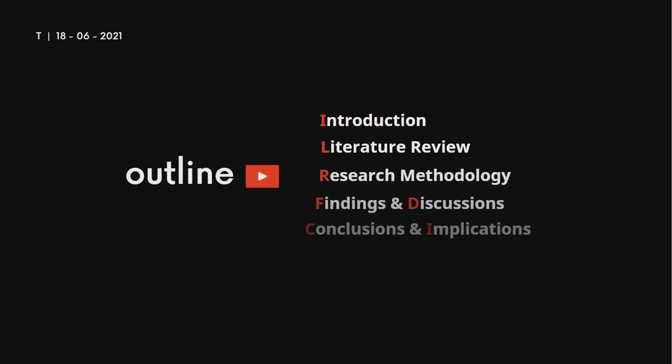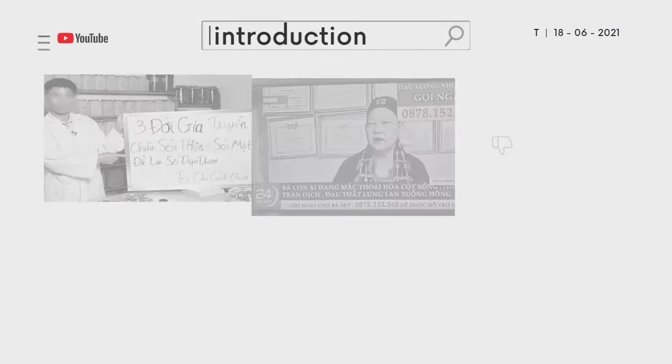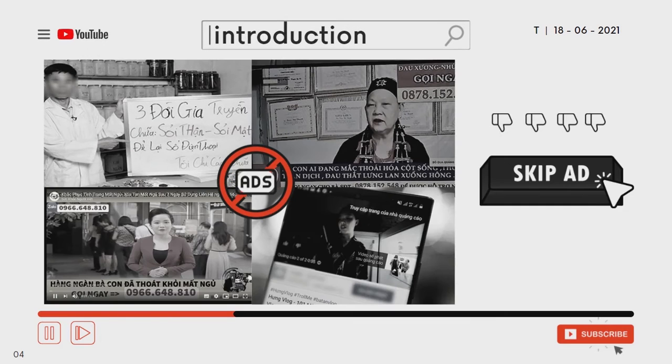So, my presentation is divided into 5 parts as you see on the screen. First of all, let's look at the overview. Nowadays, there are multiple advertisements around us on the internet, in magazines, on the road. I know that we always try to skip them in many ways.